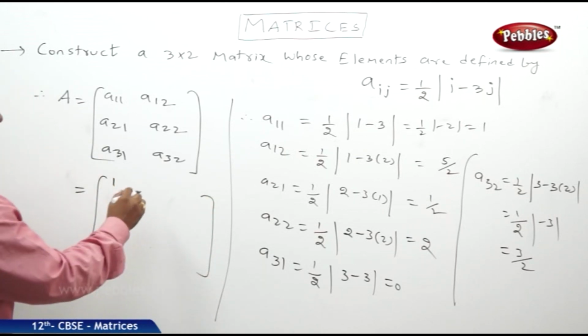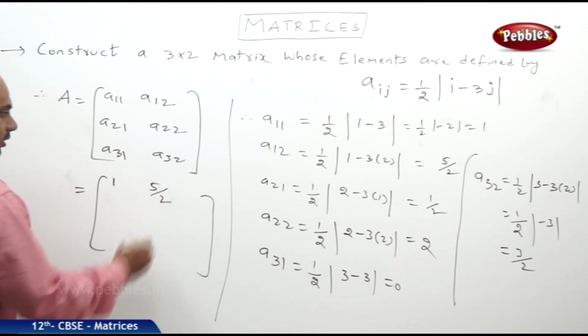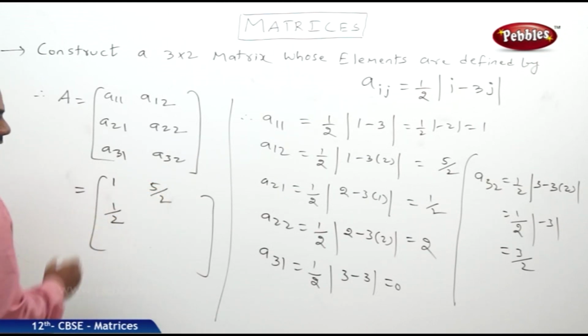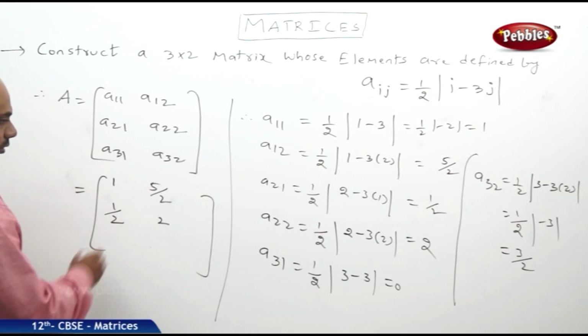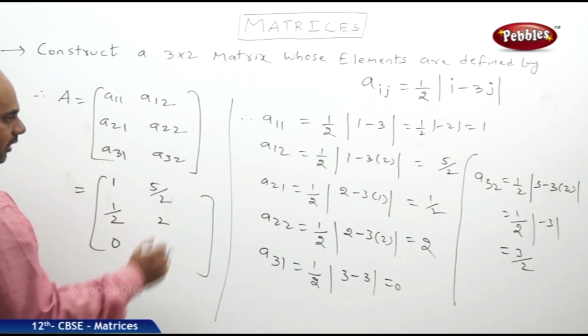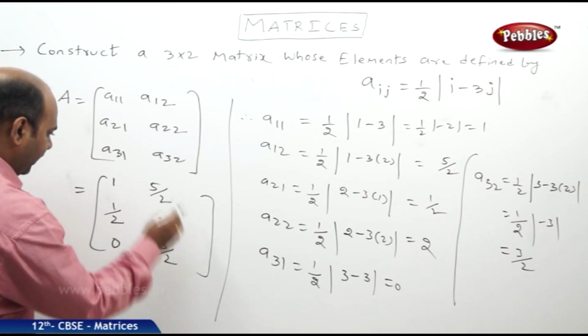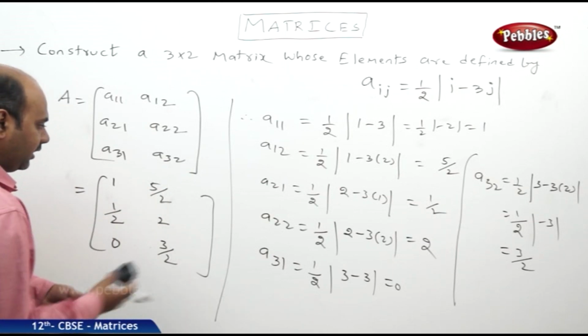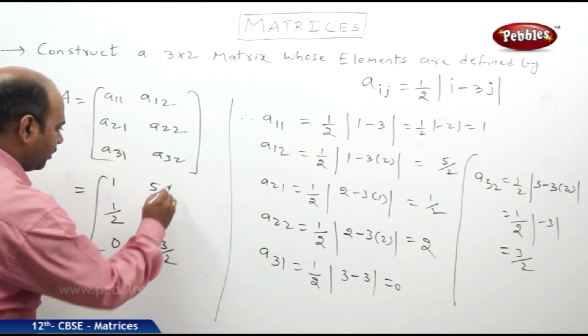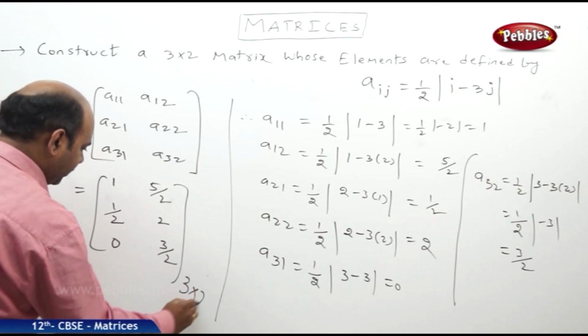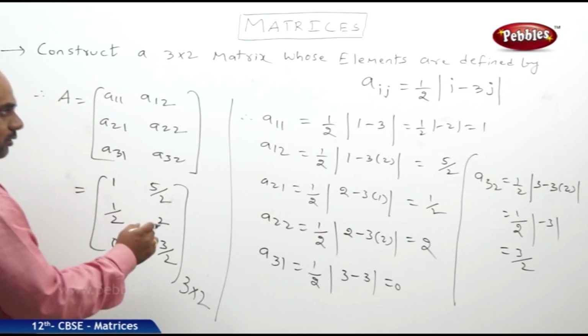A11 is 1, A12 I got as 5 by 2, A21 is 1 by 2, A22 is 2, A31 is 0, A32 is 3 by 2, and the whole matrix is a rectangular matrix of order 3 by 2. 3 by 2 means 3 rows and 2 columns.